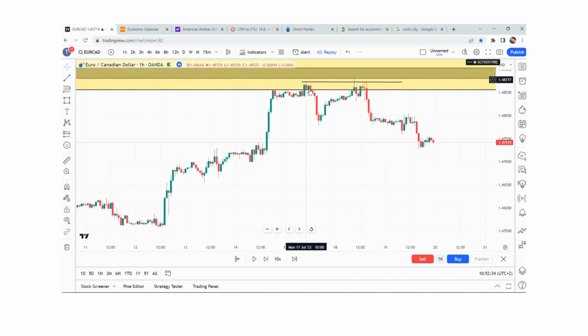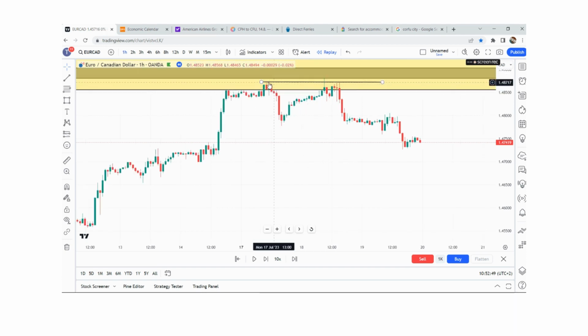So I waited patiently for price to pull back again into the 1 hour supply zone, and as you can see, it did right here. It broke this level right here and took out liquidity and a lot of stop losses, and after that it tapped into the 1 hour supply zone, and as you can see, it fell down very far away from the 1 hour supply.